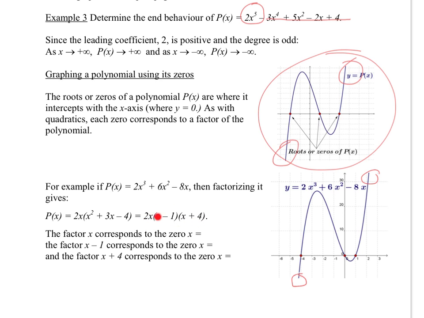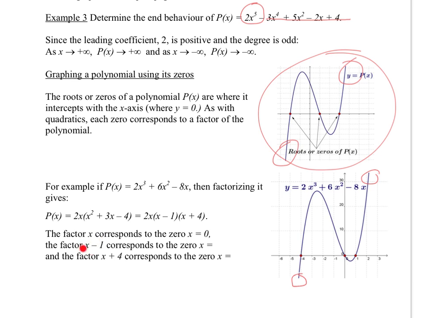If we're interested in where this function crosses the x-axis, we put this whole thing equal to 0. And if we do that, the factor x that we have here corresponds to a crossing of the x-axis at x equals 0.